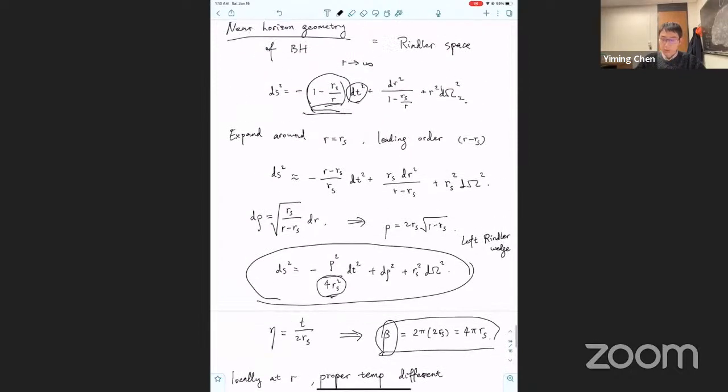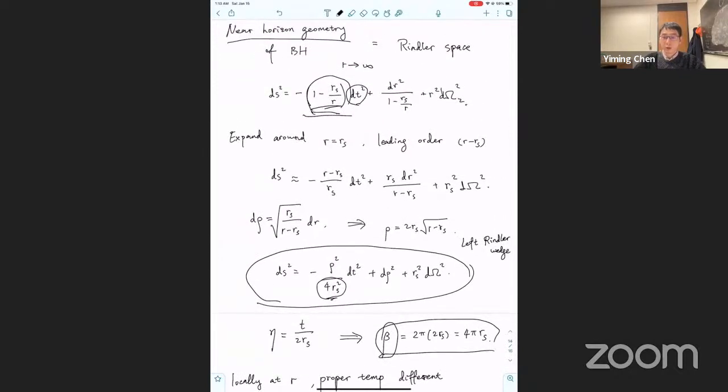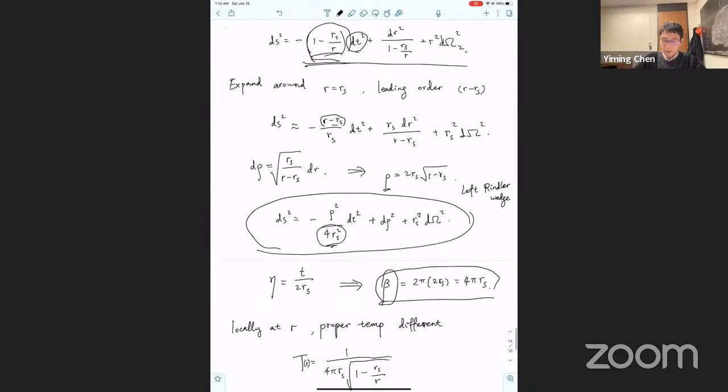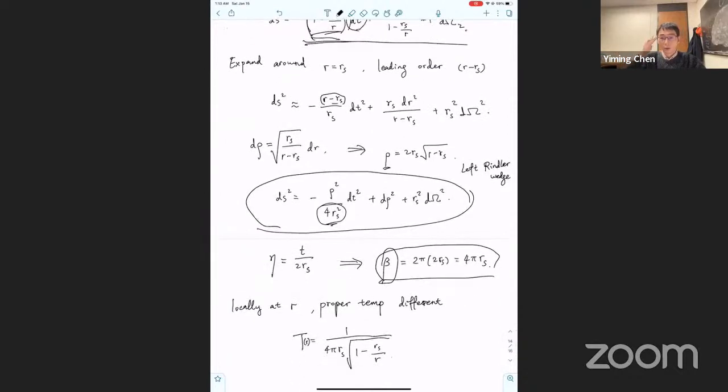But if we just think physically about the black hole, there is no reason to really expect that, because originally the Schwarzschild radius, we are expanding outside the horizon, so r is always greater than r_s, and rho is always a positive number. But here, to use all the Rindler or the Unruh argument, I have to assume that I'm in a Minkowski vacuum, which is defined on both the left Rindler wedge and the right Rindler wedge.